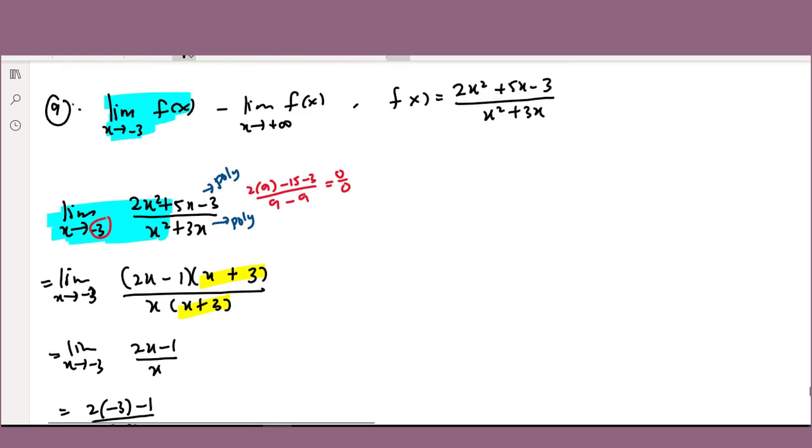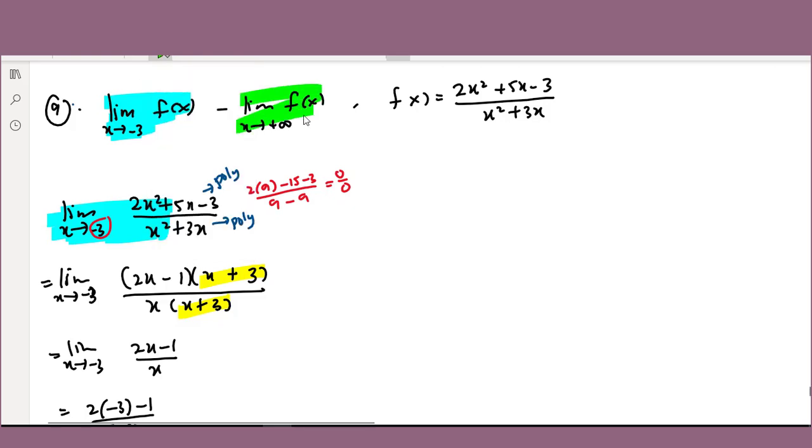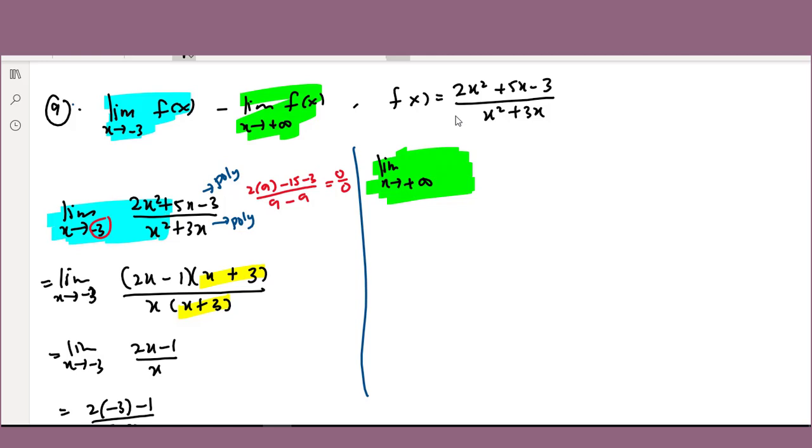So continue for the second part. Let's write here, the green color part. Limit as x tends to positive infinity. The function is 2x squared plus 5x minus 3 over x squared plus 3x.